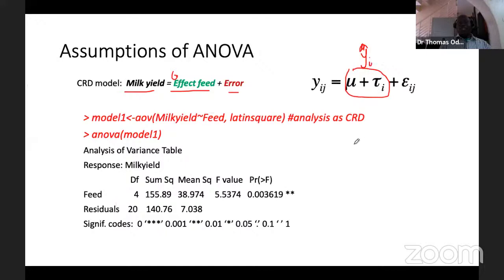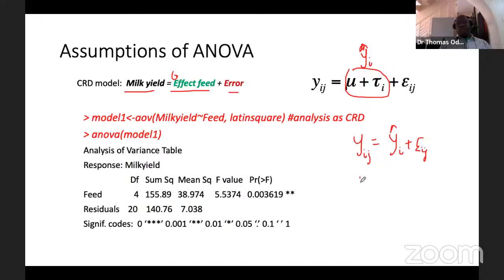Okay, so you can see from here that Y, in this case, we are saying from feed i, and from cow j, we have Y_ij equals mu plus tau_i plus e_ij.